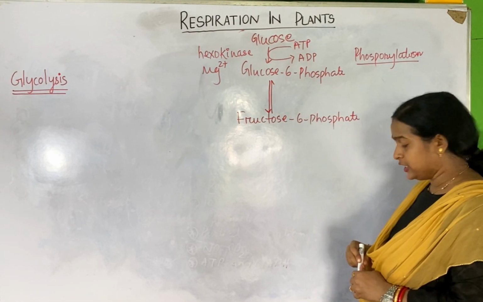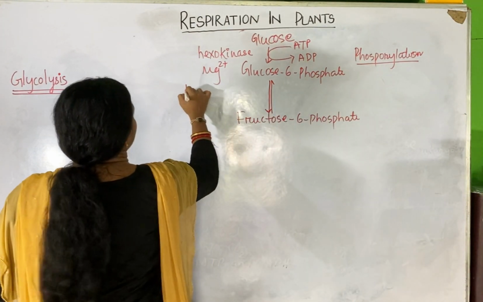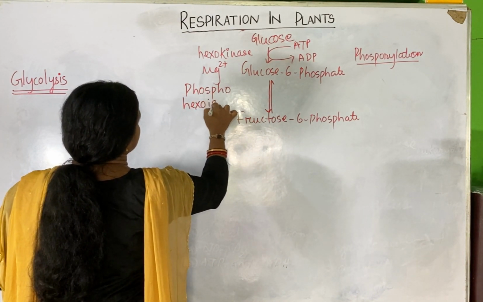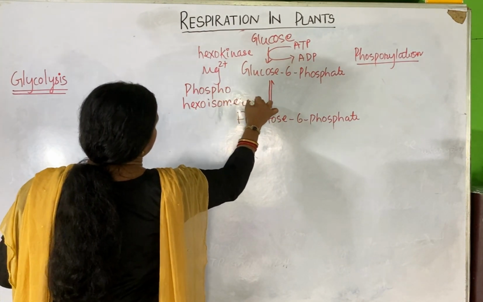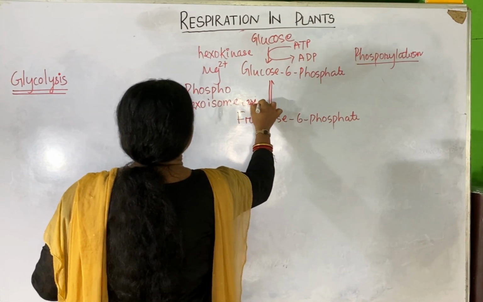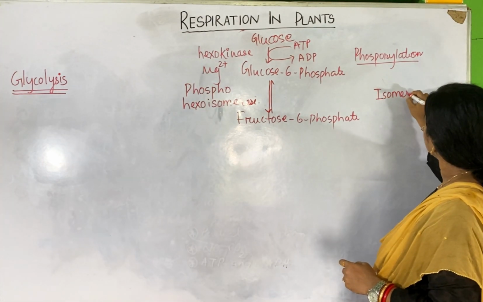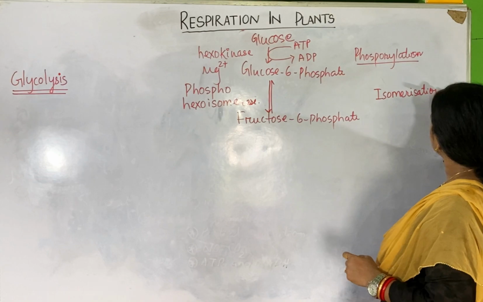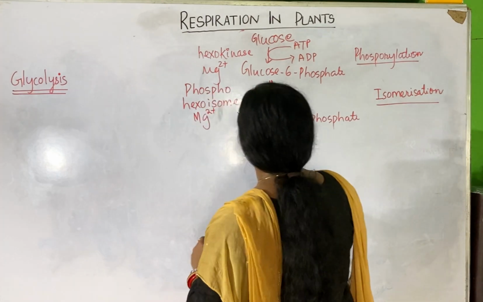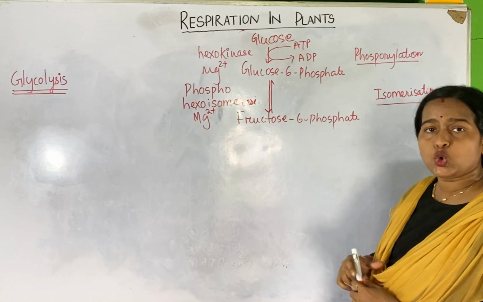The enzyme required for this conversion is called phosphohexoisomerase, and the process is called isomerization. Here also magnesium is required. Now this is the isomer of glucose 6-phosphate.